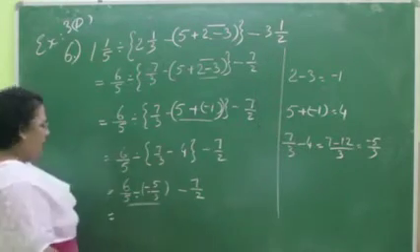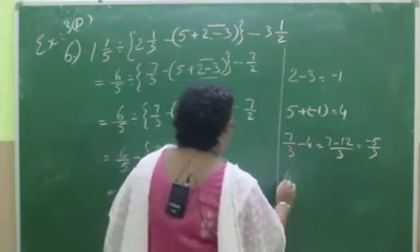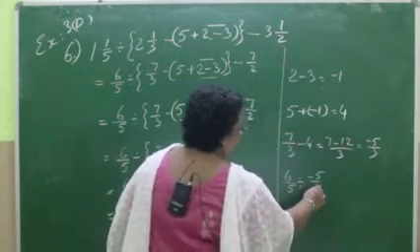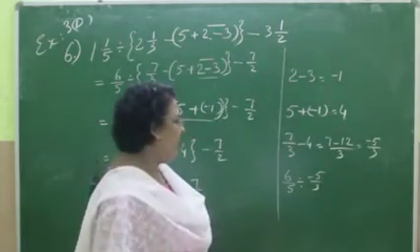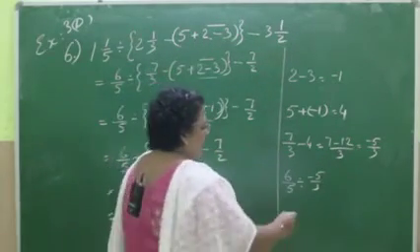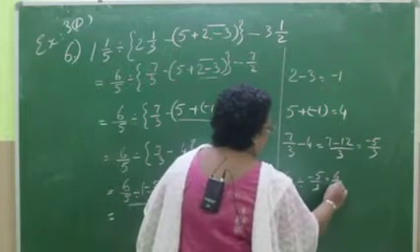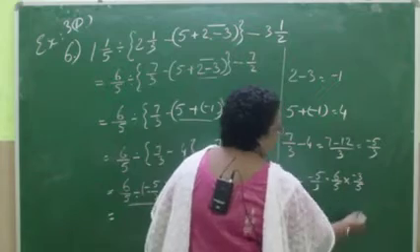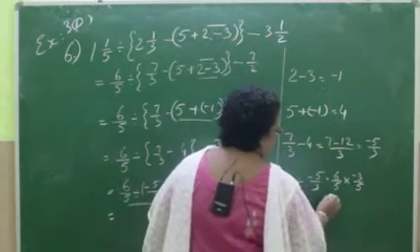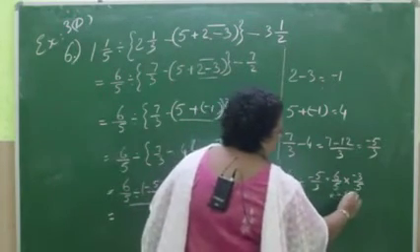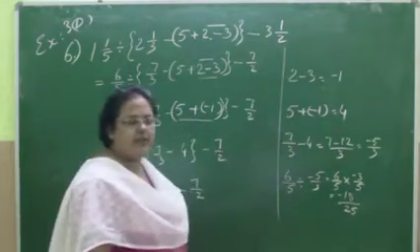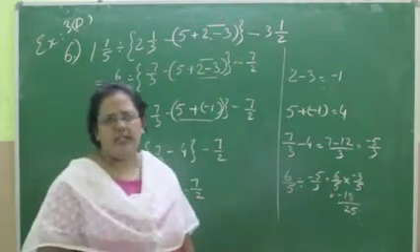This one, how you will do it? 6 by 5 divided by negative 5 by 3. 6 by 5 divided by negative 5 by 3, that is 6 by 5 multiplied by negative 3 by 5. What is the answer you are getting? Negative 18 by 25. Negative 18 by 25.